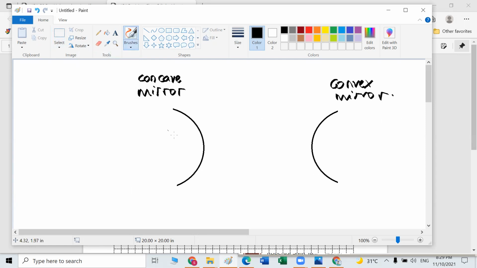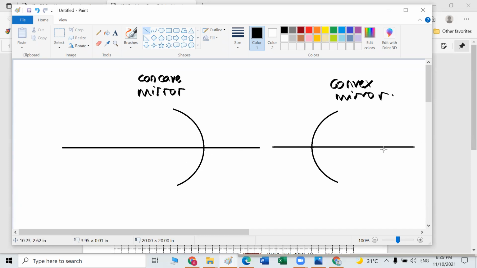So now, let's draw the principal axis. Principal axis means the horizontal line that passes through the center of the mirror. Okay, then since we know it's a mirror, the center will be here. So for mirror, the center will be here.